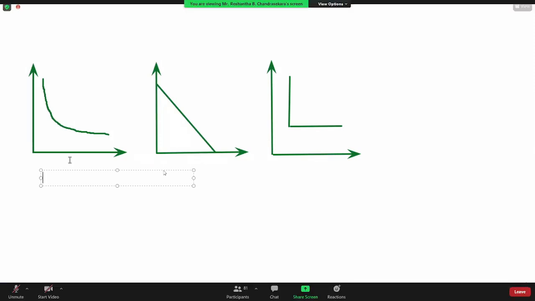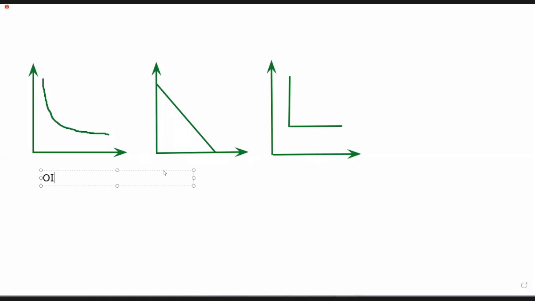In the very first graph, we identified it as the isocost. Right? Here we show a linear production function. This is the linear production function.